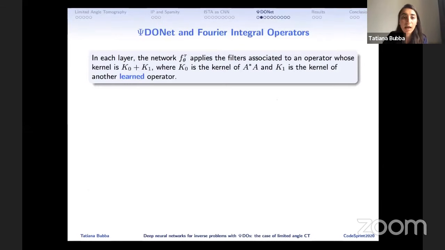Okay. How this is done, the main idea behind this approach, is that our kernel K is understood to be split in two parts, K0 and K1, where K0 is the kernel of our normal operator and K1 is the kernel of another operator that can be learned. This adds a bit more information, and it's the part that can provide better results.